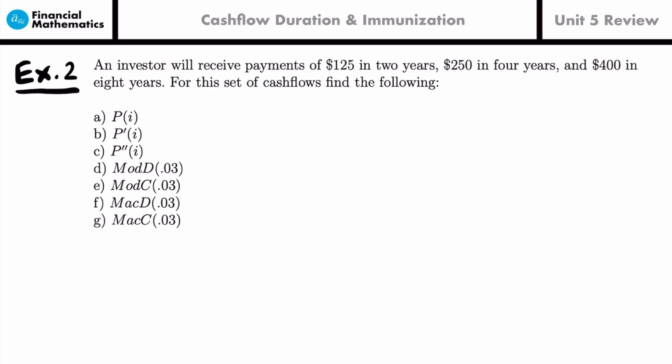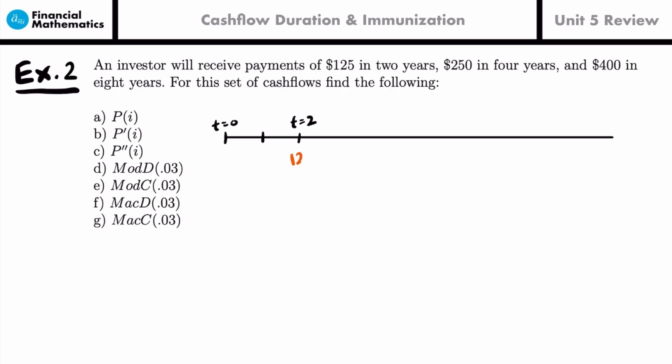Okay, but before we do anything, once again, I think we should set up a timeline to organize the payments or cash flows that we've been given in this problem. So I'll draw my timeline like this. We'll have time equals 0 right there. And then we have payments of $125 in 2 years. So this will be time 1, and then time equals 2.